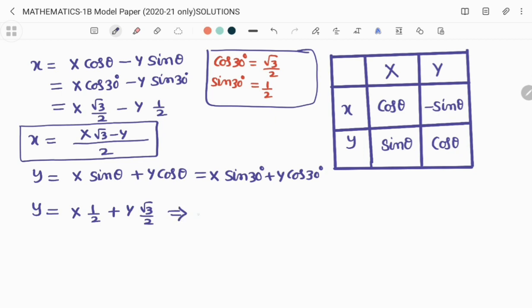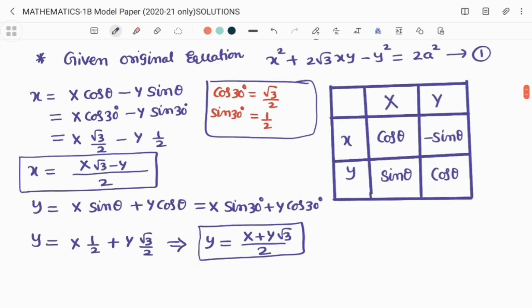So small y is equal to, taking LCM 2, X plus root 3 Y, root 3. So after getting the values of x and y, substitute in equation 1.